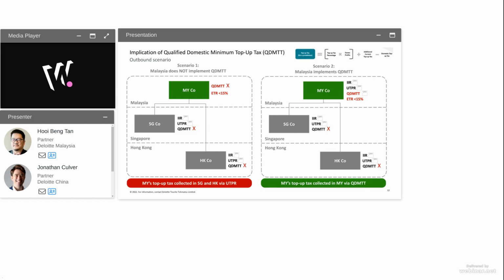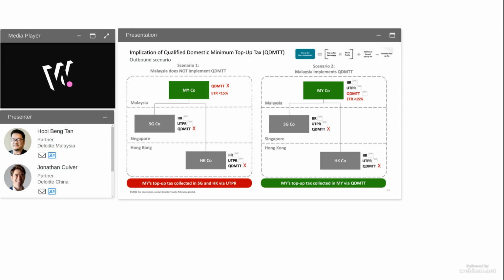Now, if we look down the ownership chain, we see Singapore Co and Hong Kong Co, both part of the inclusive framework again. Under the IIR, they can't collect tax because Malaysia is the UPE, so the top-down approach prevents them from collecting tax. But the UTPR would allow them to look back up to Malaysia and for tax to be collected at the Singapore and Hong Kong level in respect of the profits of Malaysia.